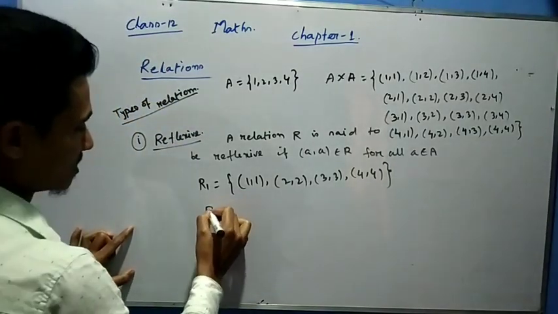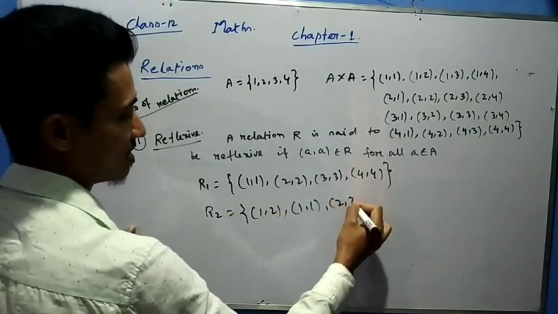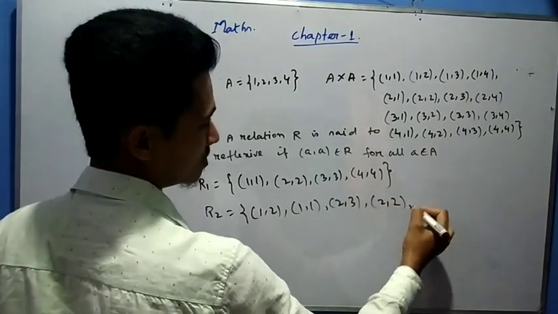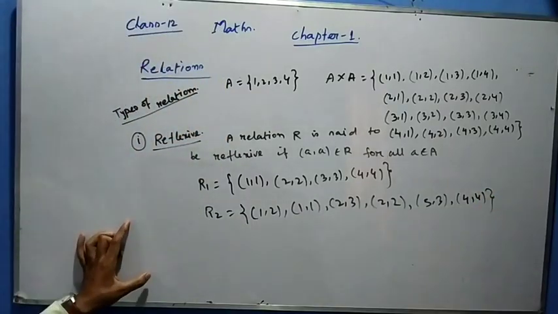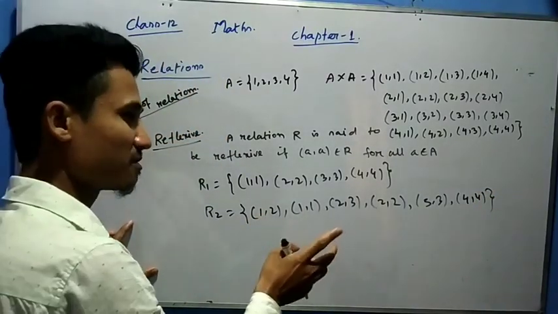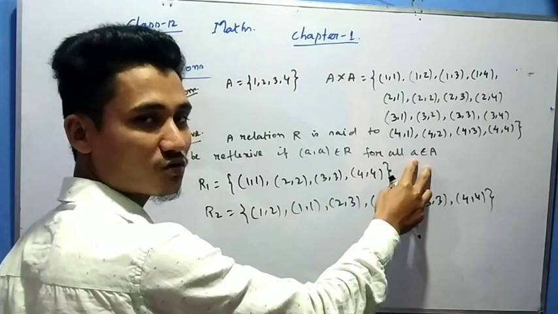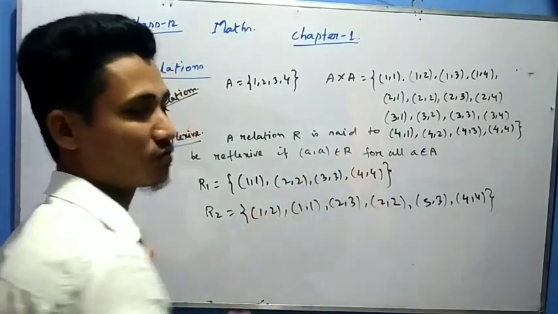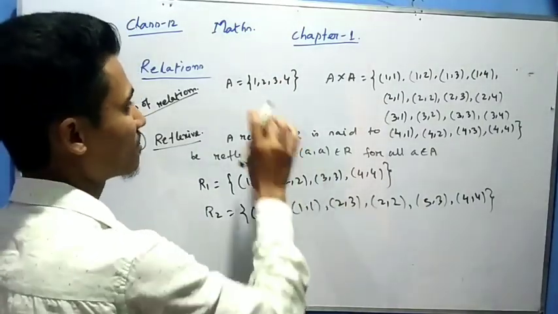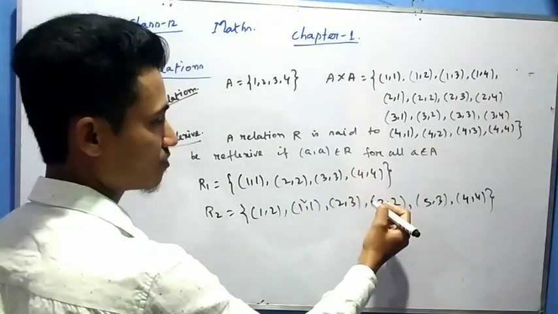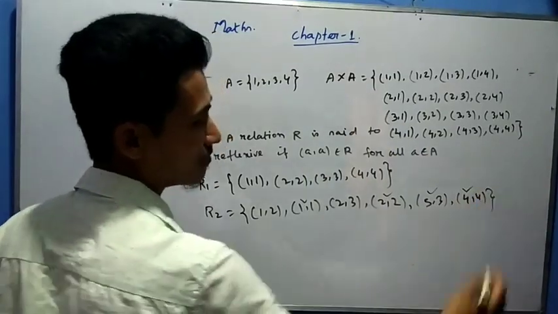For another example, let us take R2 equal to {(1,2), (1,1), (2,3), (2,2), (3,3), (4,4)}. Can I say this is a reflexive relation? Yes. Check. For a reflexive relation, what we need to find is, for every a belongs to the set A, (a, a) belongs to R. মানে এর মধ্যে যতটা এলিমেন্ট থাকবে তার প্রত্যেকটির ডাবলেট কি থাকতে লাগবে, so we will only check the doublets. The elements: 1, so (1,1) is there; 2, (2,2) is there; 3, (3,3) is there; 4, (4,4) is there.